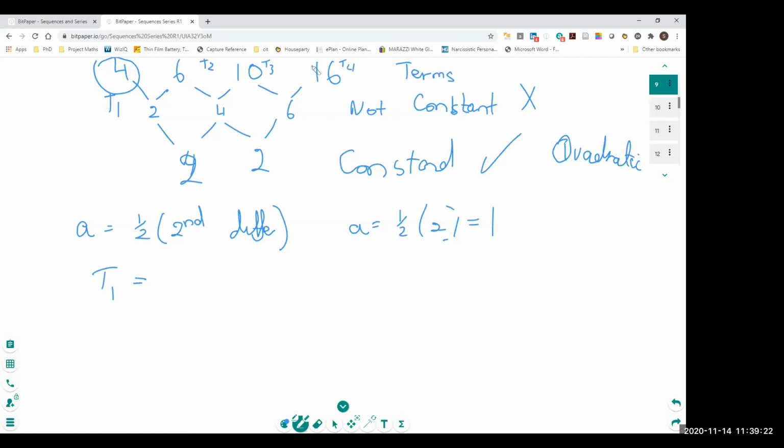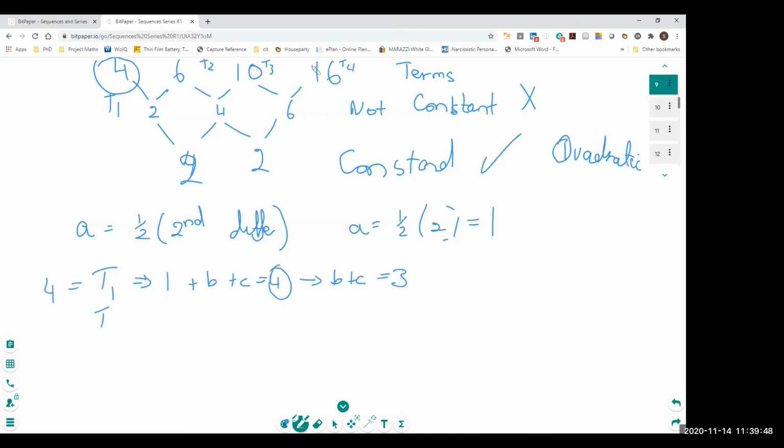So we know that T1 is going to be 1 plus B plus C is equal to 4. So B plus C is equal to 3. And we know that T1 was equal to 4. That's where that came from.